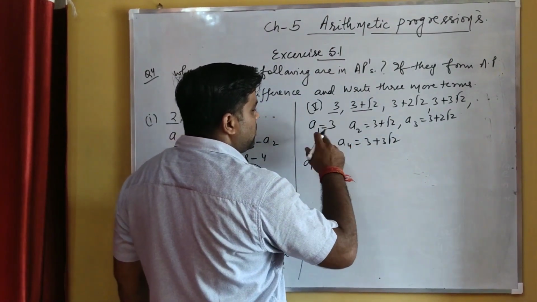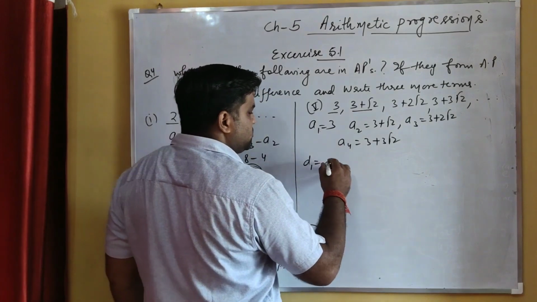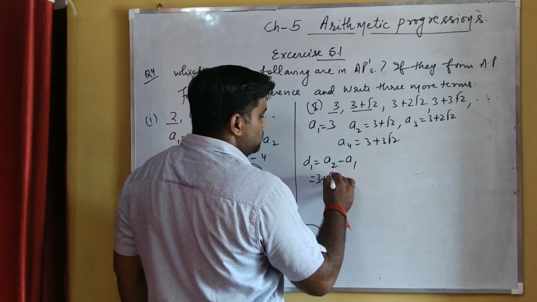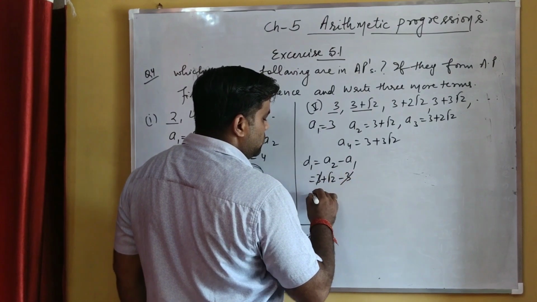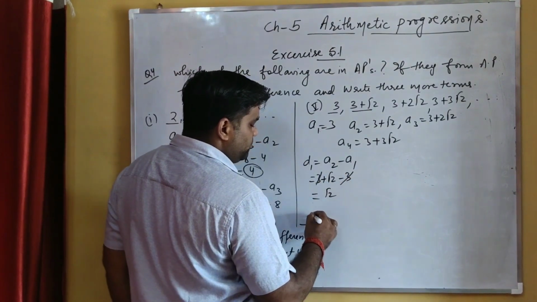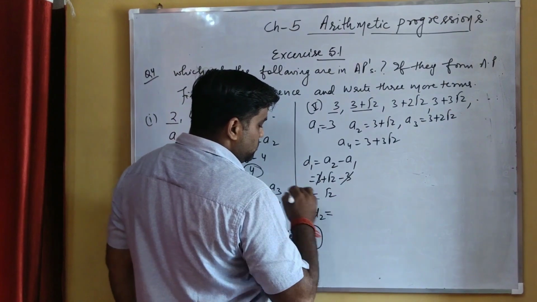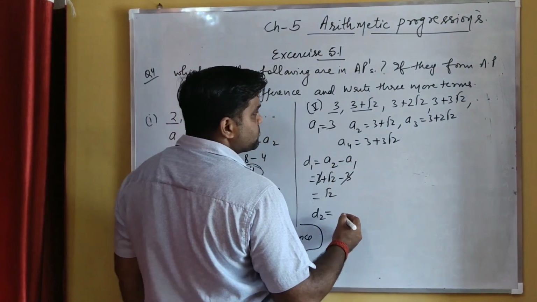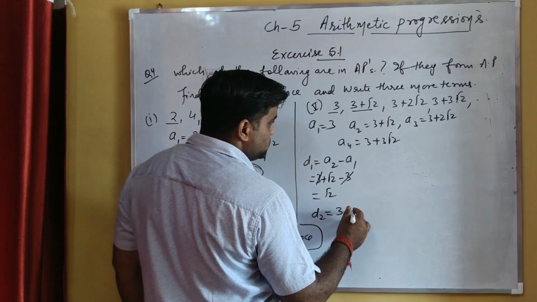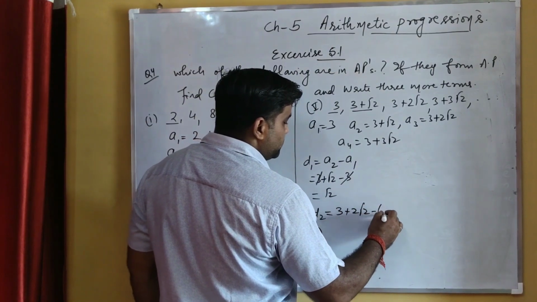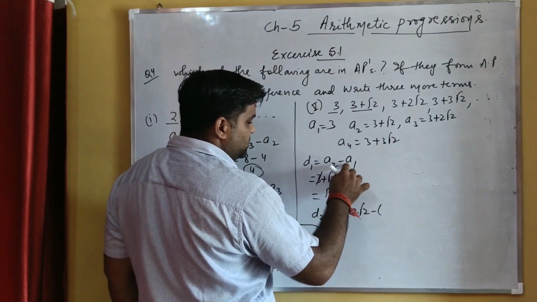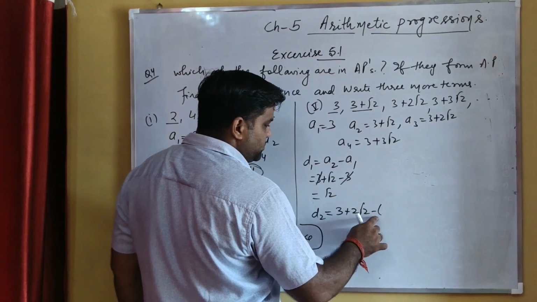First we find the common difference between the second and first term. So a2 minus a1, it is 3 plus root 2 minus 3. On solving we get d1 equal to root 2. Now we find d2, the common difference between the third and second term. So 3 plus 2 root 2 minus 3 plus root 2, as in a2 minus a1, similarly we are writing a3 minus a2.